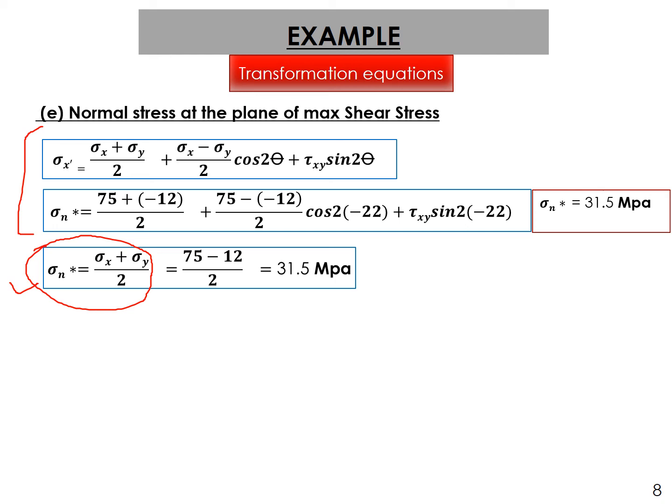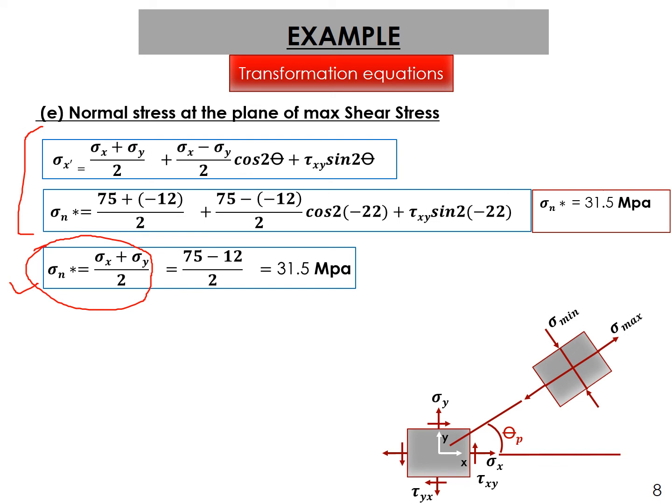So the next part was, okay, let's show this on the element. This we have not shown yet, because now we have calculated the stresses at theta s. Again, the initial element is shown to you. This you already know, theta p. And as it is shown, theta p plus 45 is equal to theta s. The relation between the shear stress axis and the principal axis is theta s equals theta p plus 45.